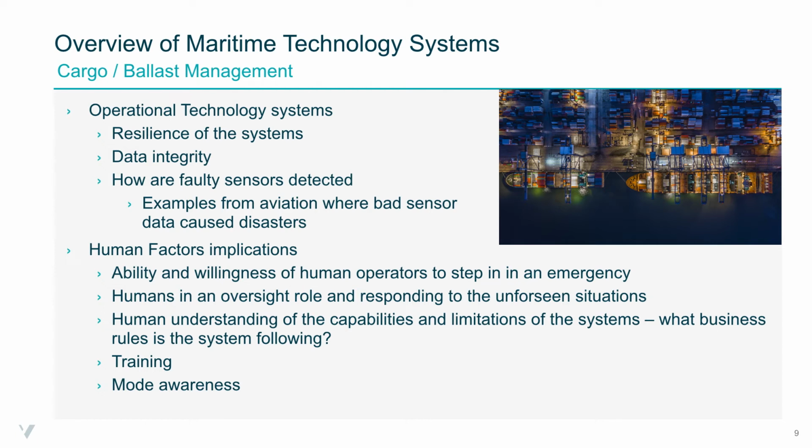And there are a number of examples from aviation where bad sensor data has led to disasters. Some of the best known ones are Air France 447, Aero Peru 603, and in shore-based industries, the Three Mile Island nuclear accident.